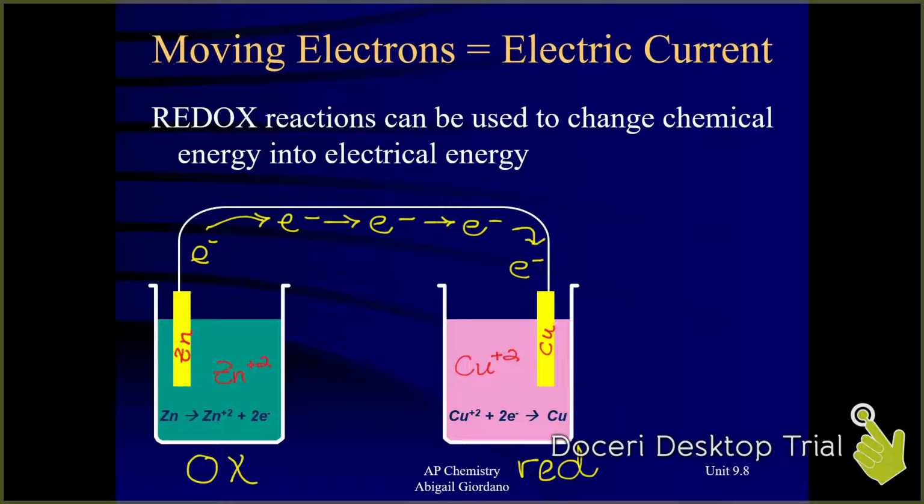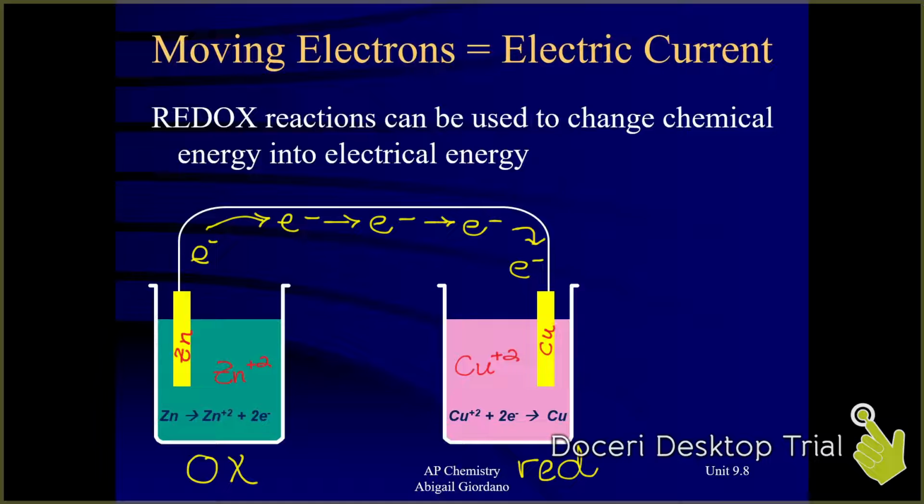And isn't that convenient? Because the reaction on the right, that copper half reaction, needs to gain electrons. What a convenient little mix we've got here, where you link up one reaction that is getting rid of electrons with another reaction that needs to gain them. Electrons will flow through that wire, and ladies and gentlemen, anytime electrons are flowing, that is by definition electrical current.